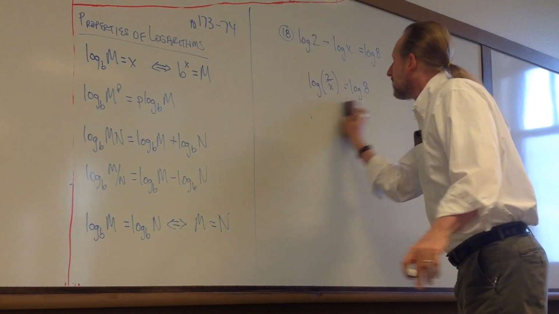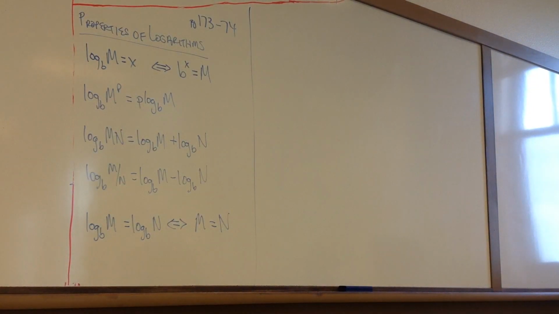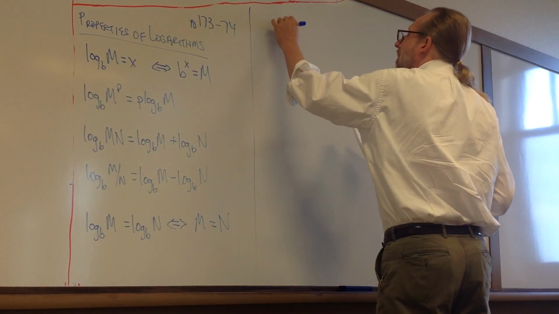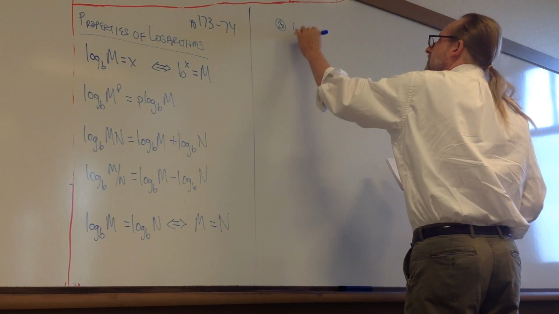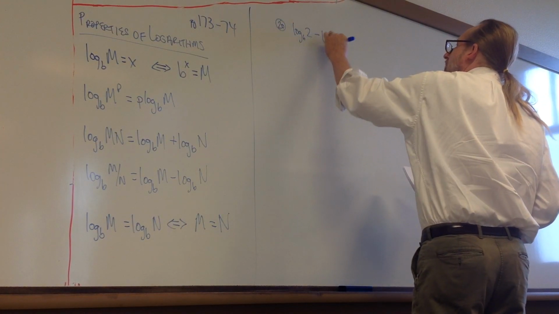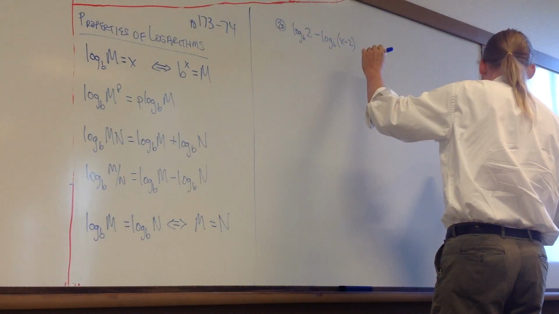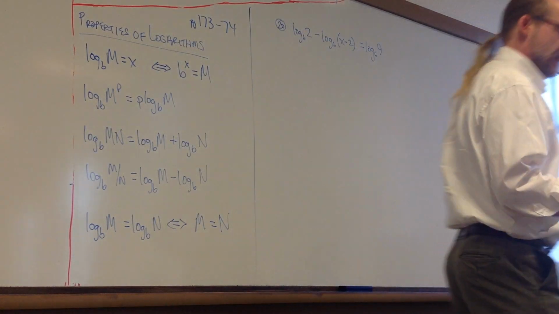All right, let's look at some a little bit more complex problems here over on page 174. Problem 20 says log to the base 6 of 2 minus log to the base 6 of x minus 2 equals log to the base 6 of 9.